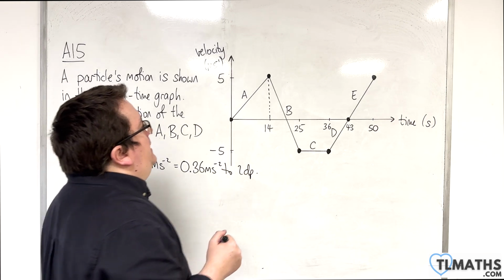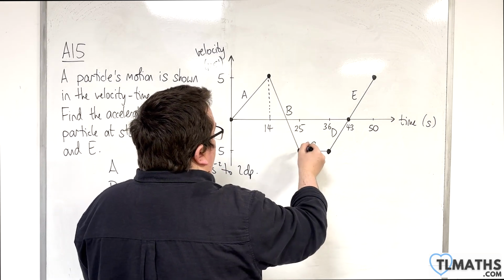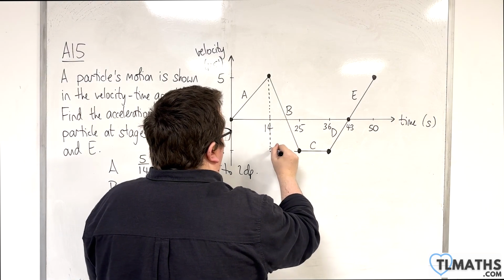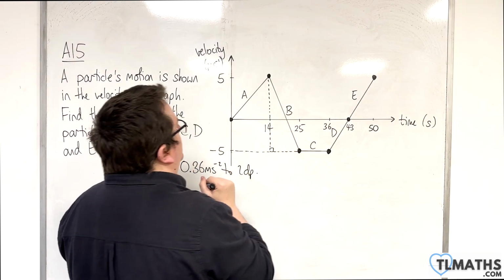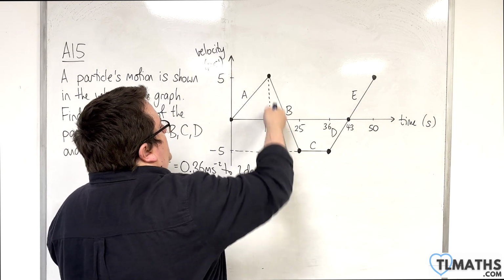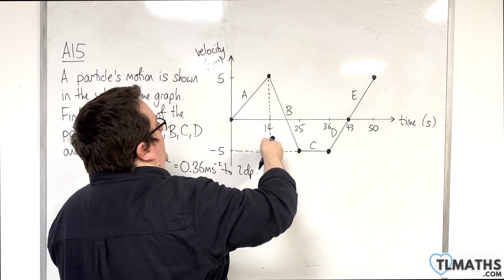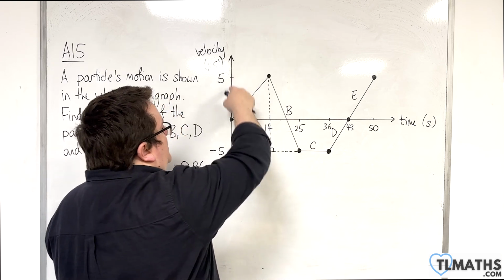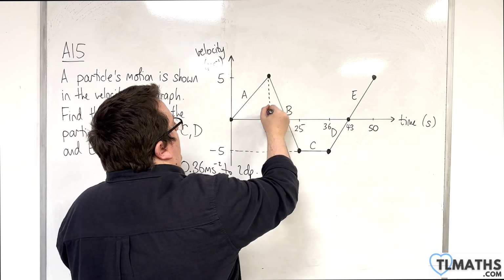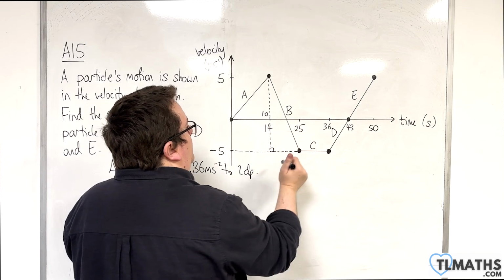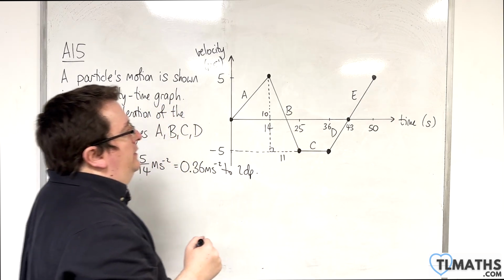So for stage B, we have this portion here. If we complete this triangle, it's going down to -5. The vertical change here is 10, so 5 and 5, that's 10. And then the horizontal change is from 14 to 25, so that's 11 seconds.